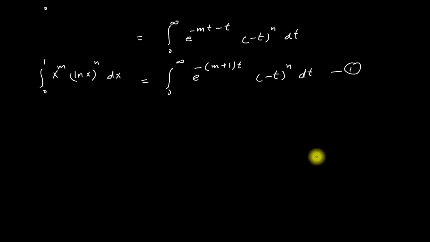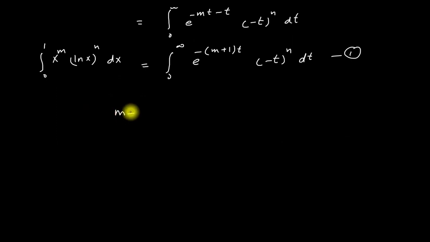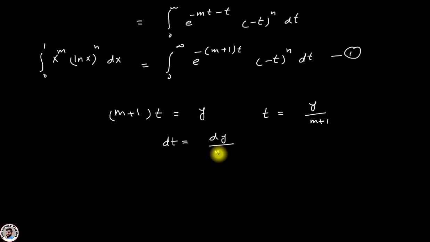Now again, let's suppose (m+1)t is equal to y. The value of t will become equal to y divided by (m+1), and the value of dt will become equal to dy divided by (m+1). Now I have to put these values in equation number 1.